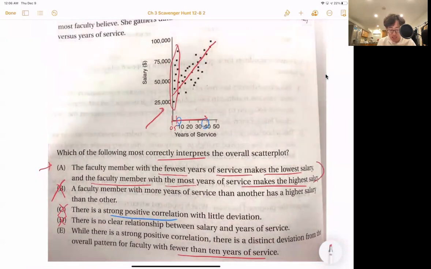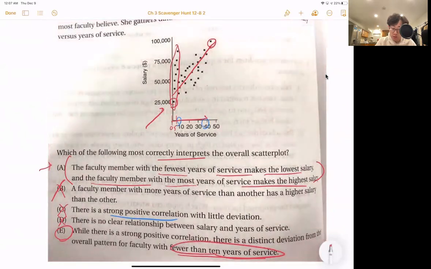Even though A makes sense, with the fewest years of service having the lowest salary and the most years of service having the highest salary, and yes, I see those two points loud and clear, does that give you the most accurate description of the scatter plot? If you're describing the relationship, E gives you much more insight into the scatter plot, understanding that there's a distinct deviation for faculty with fewer than 10 years of service.